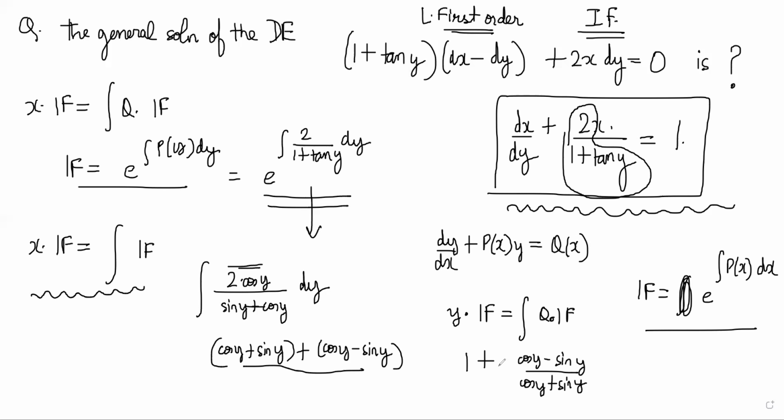Notice that minus sin y plus cos y is the differentiation of the denominator. So the integral of the overall thing is simply y plus ln sin y plus cos y.